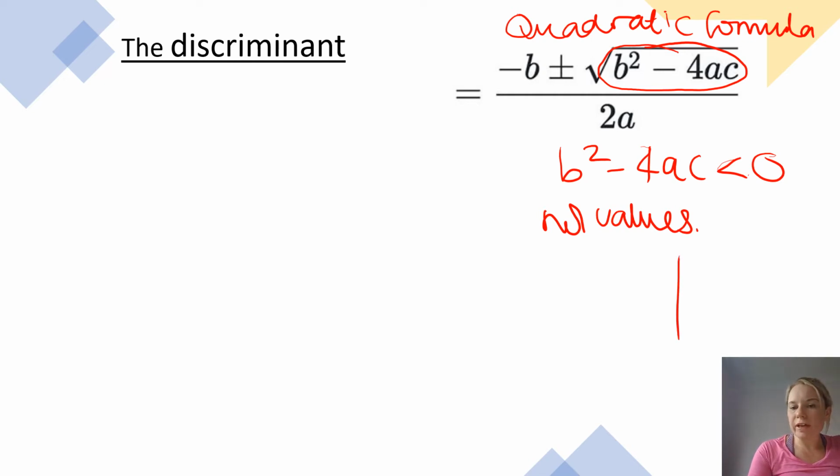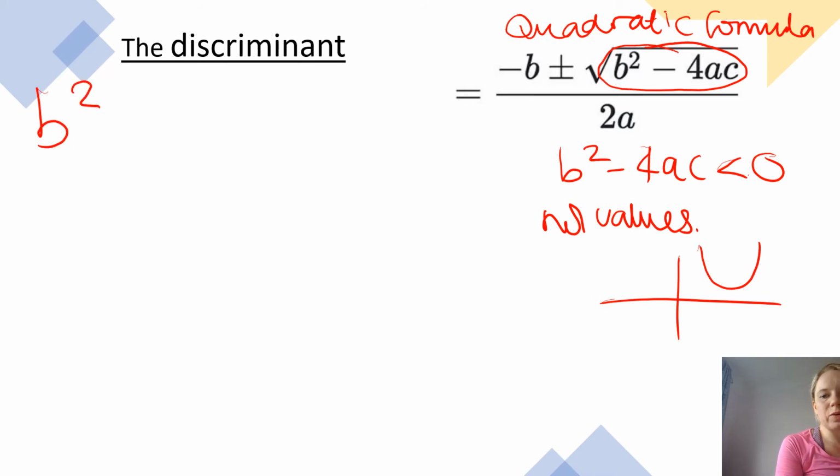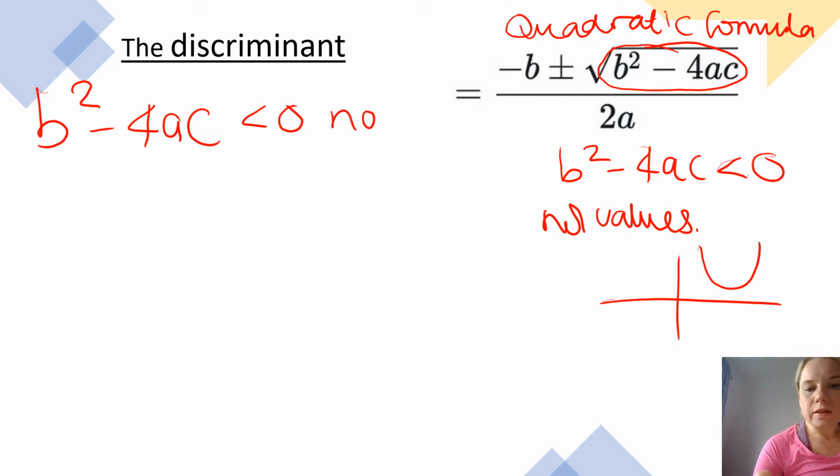So you'll have a graph which does not go through the x-axis. If this part underneath the square root is less than 0, there will be no intersections of the x-axis.